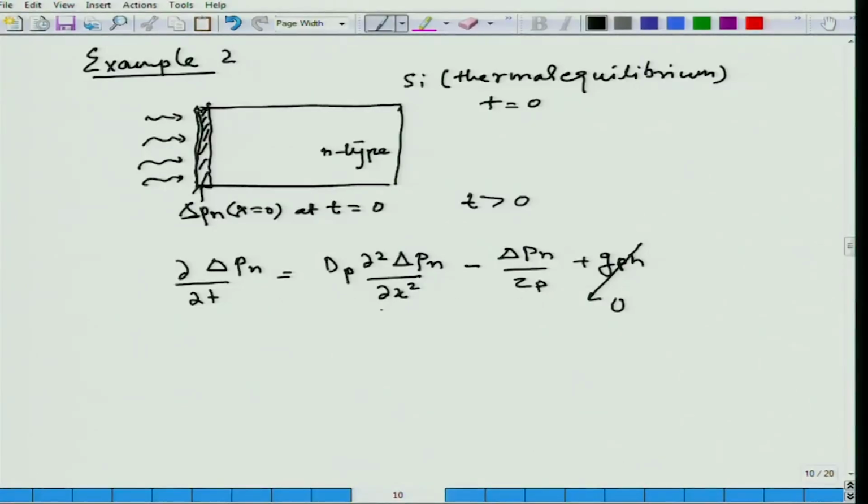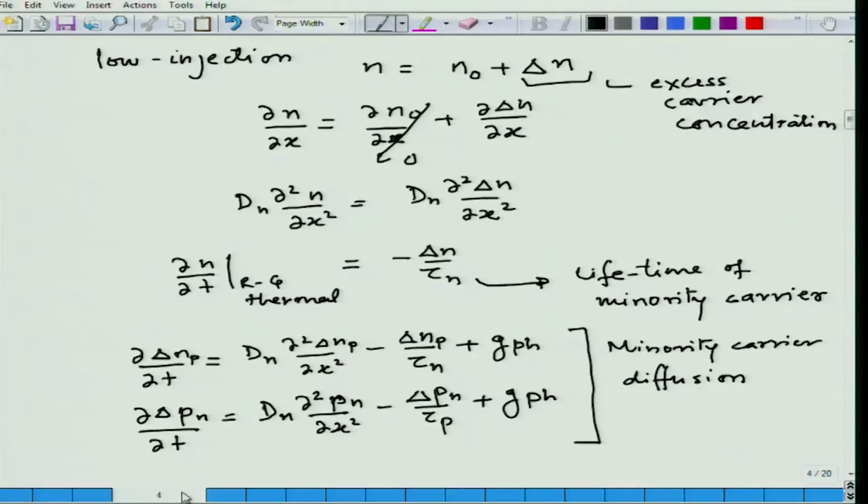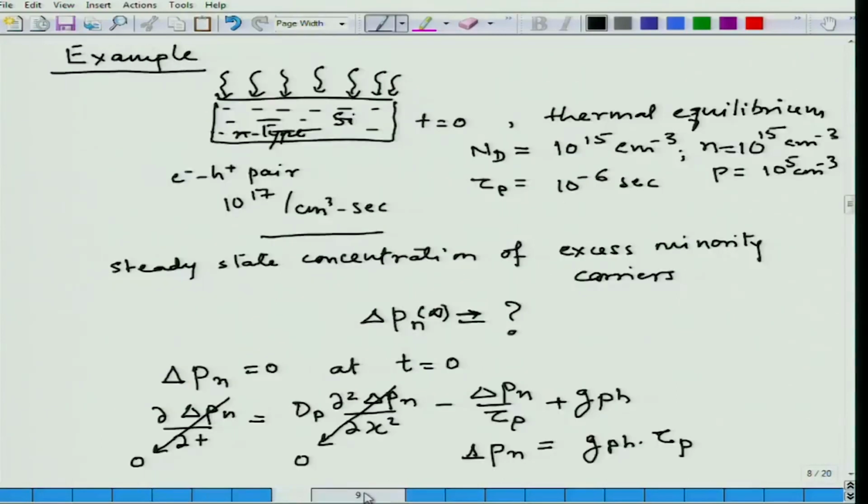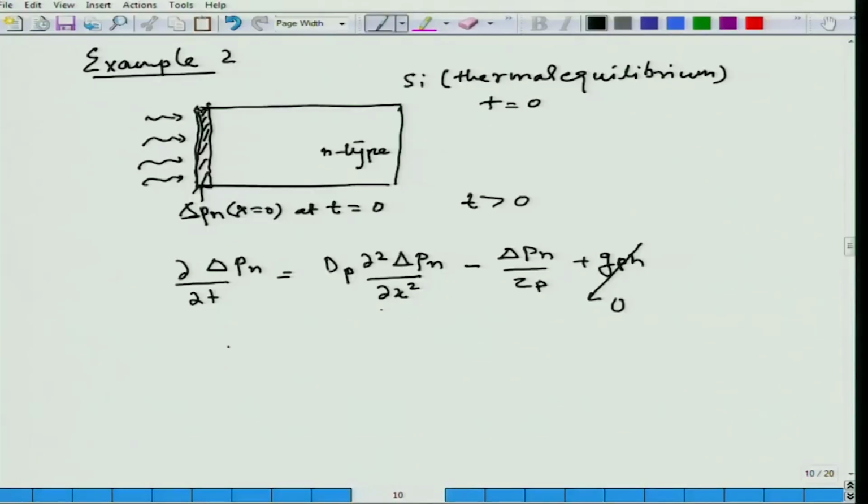When one solves this problem, one would see that it is being driven by the diffusion of the excess carriers into the semiconductor, and a solution for that can be obtained, which we have shown in one of the examples here. That can then be applied to find the delta p n.